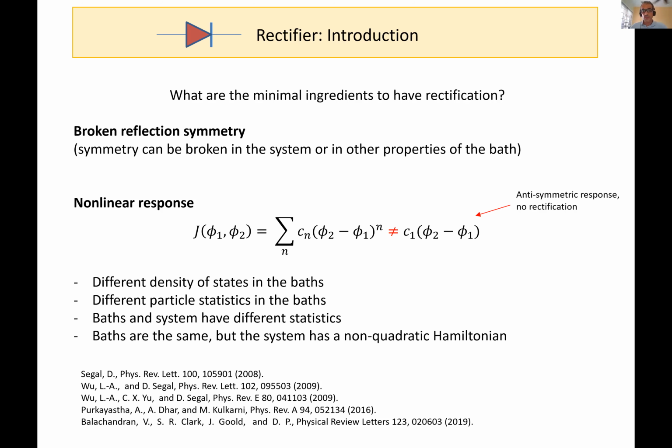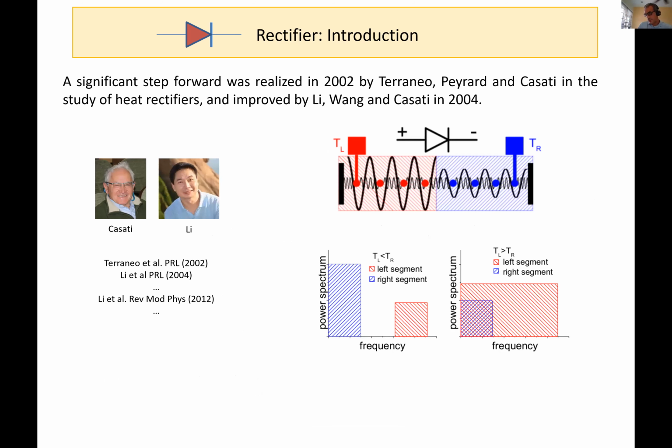Okay, so if we talk about heat rectification, two of the works that really changed the path of the field, in my understanding, are the works in 2002 and 2004 by Terraneo, Peyrard, Casati, and Li, Wang and Casati. In these works, what they study is classical nonlinear chains, with different nonlinearities in the two parts.